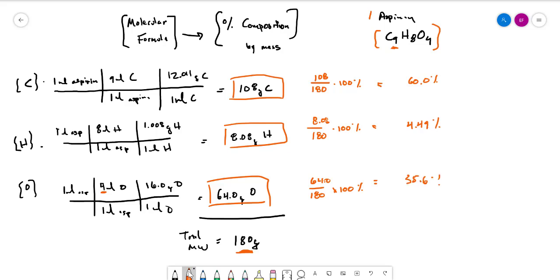This isn't something we do often, but it's sometimes nice to know for various reasons what the actual weight percentage is of your particular compound relative to each of the individual elements.